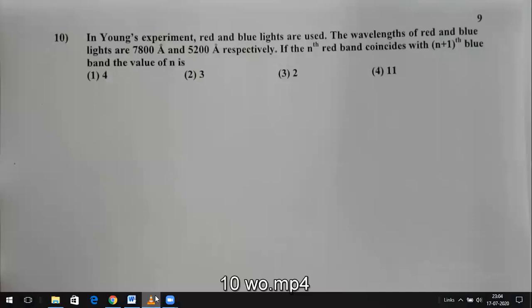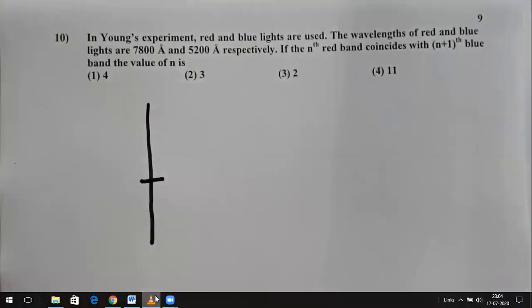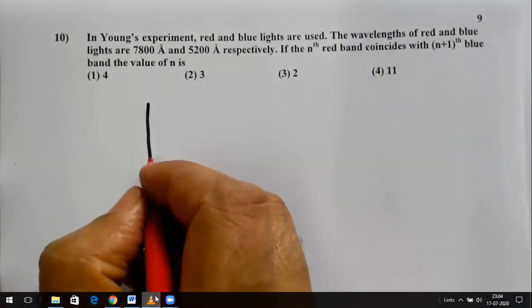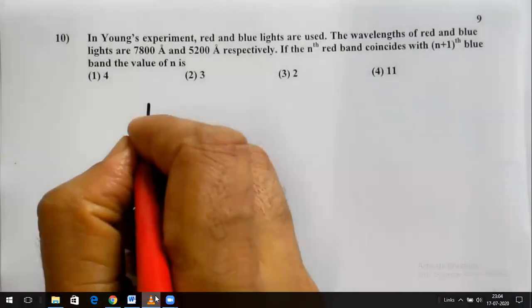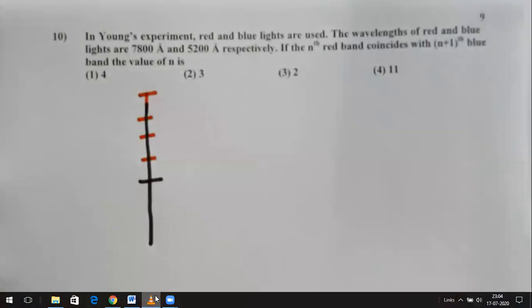In Young's double slit experiment, red and blue lights are used. The wavelengths of red and blue light are 7,800 angstroms and 5,200 angstroms respectively. If the nth red band coincides with the n plus 1th blue band, then the value of n is? Now, usually on the screen, suppose this is the central bright fringe, and this is the fourth bright fringe of red.